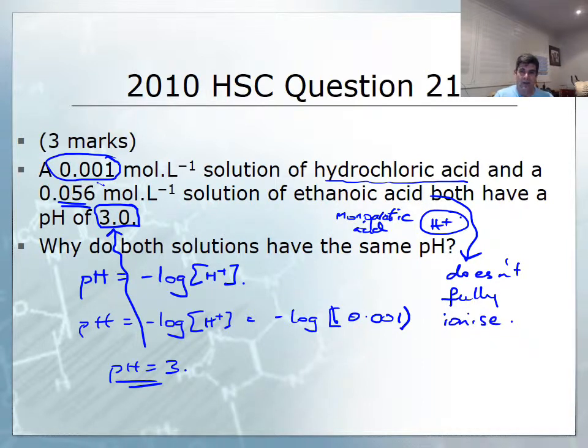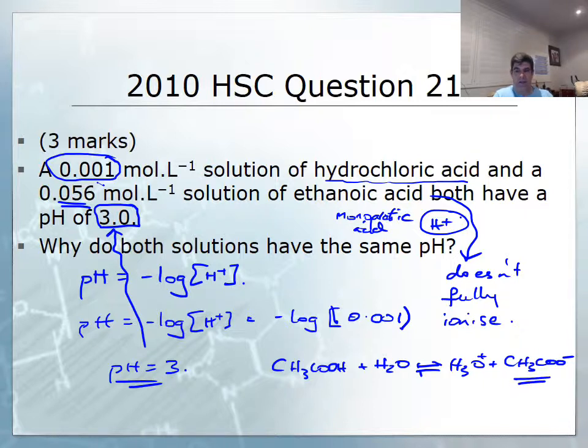Okay? The equilibrium between the acid, and I'm going to deliberately leave the subscripts off at the moment because we just want to have a quick look, is going to liberate the hydronium ion and leave us with a CH3COO- ion. Okay? But this one doesn't go fully in this direction.